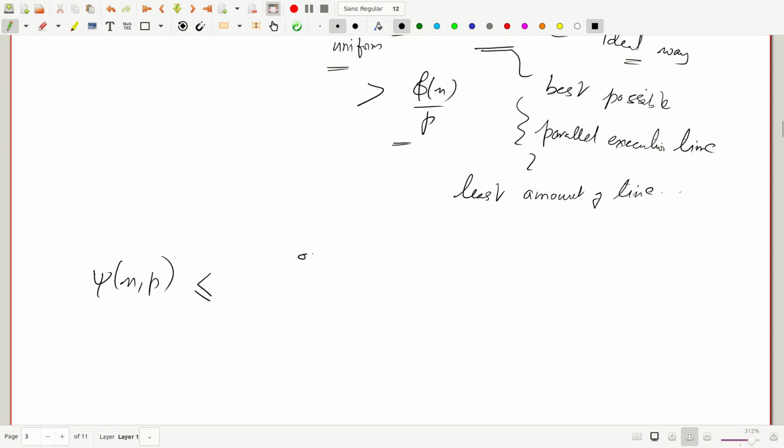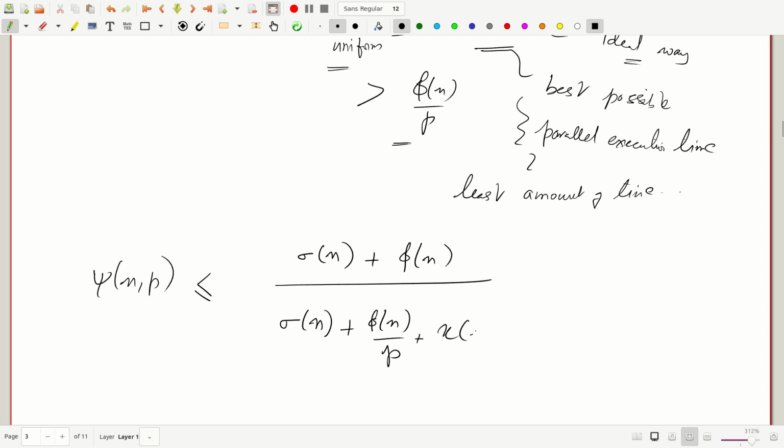So this is the ratio of sequential execution time, that is sigma n plus phi n, divided by the parallel execution time, that is sigma n plus phi n upon p plus kappa of n, p, right? Now we realize that this is the best, this is the maximum you can get, but otherwise the speed up you would get would always be less than this value, right?